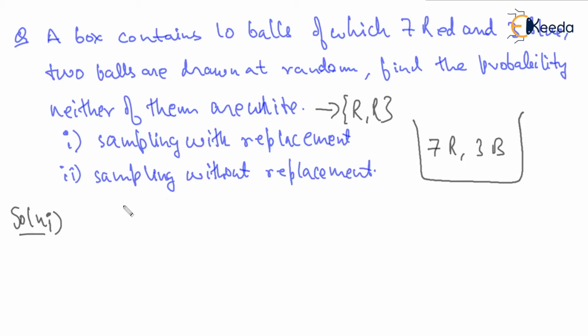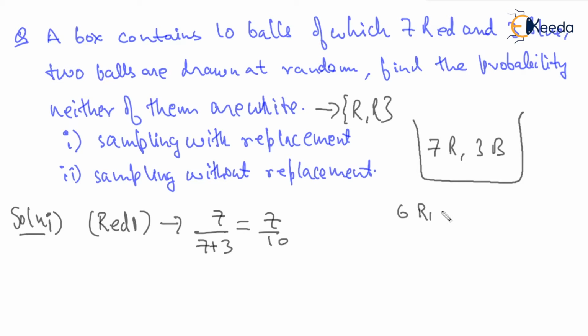So getting a red in first trial, let's say first trial, red 1. This will be 7 balls out of 7 plus 3, so this is 7 by 10. And now that we are replacing it back, when we took this ball out, we were left with 6 red and 3 blue balls, and we are going to pick the next ball.